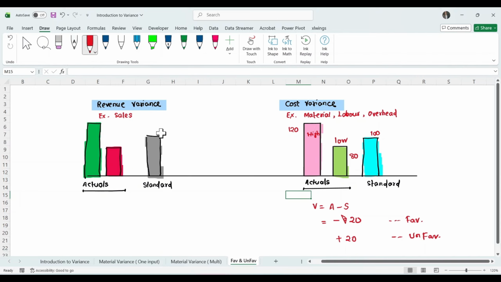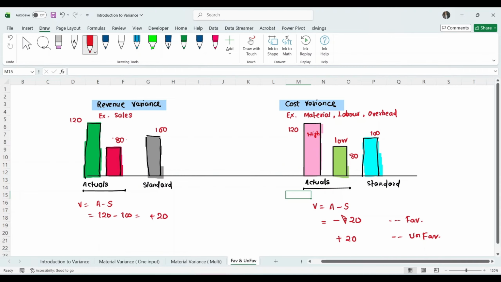And the opposite will happen for sales. If this is the standard sale 100, this is the actual sale 80, and this is the actual 120. So if there is higher sales, in this case variance will be actual minus standard. So 120 minus 100 becomes plus 20.